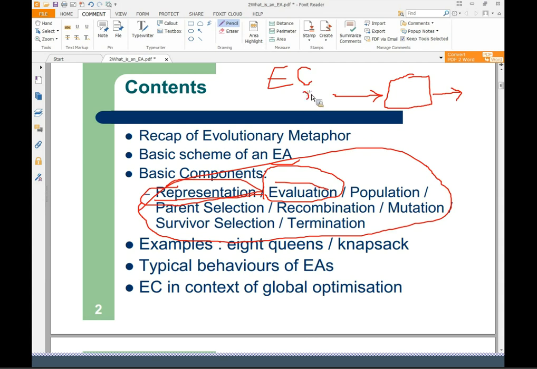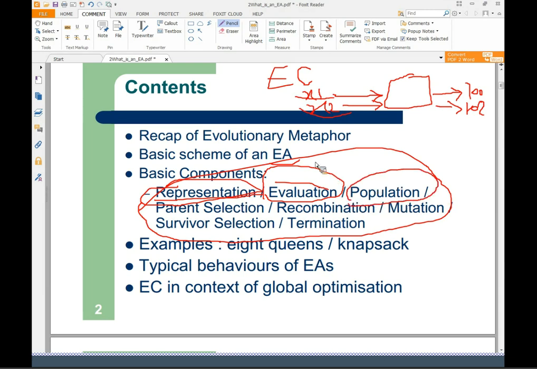For example, if X1 is one of the individuals, a collection of genes or chromosome, and the fitness is, for example, 100, and another individual such as X2 produced, for example, 102, then X2 is better than X1 in an EC algorithm.